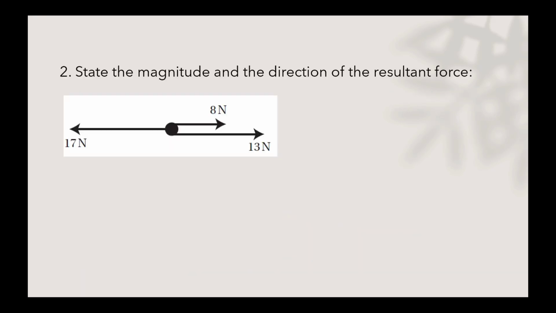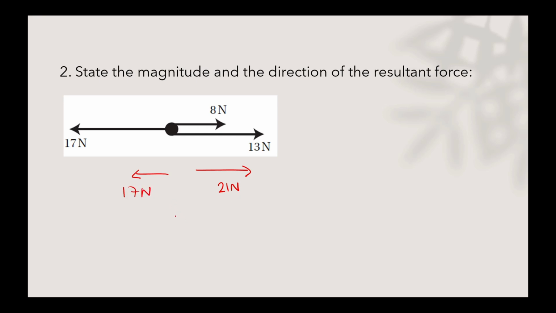Now let's have a look at the second question. It says state the magnitude and direction of the resultant force. Here we've got a total of 8 plus 13, which gives me an answer of 21 newtons, and going in the opposite direction we have 17 newtons.